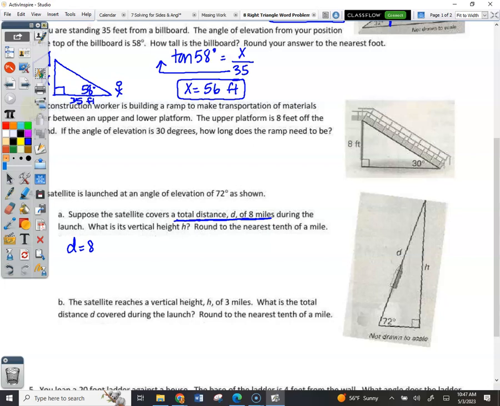So now we know that d is 8. I'm just going to redraw the picture. We have 72. We know d is 8, and it says to find what? H. The height. It says to go to the nearest tenth, by the way.